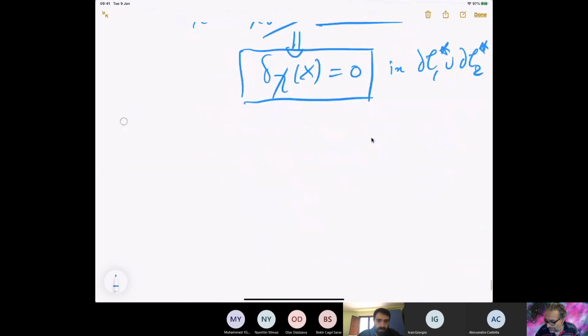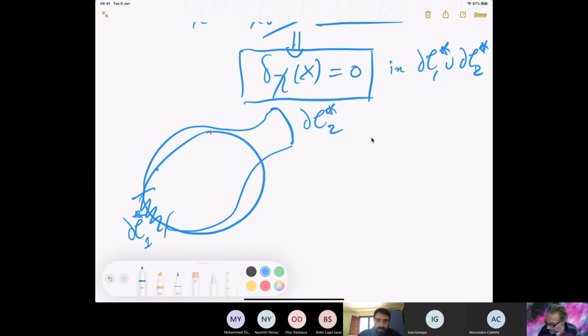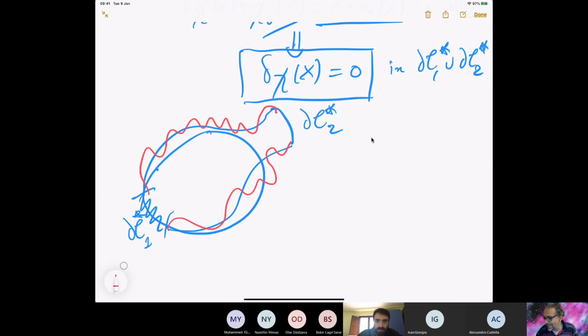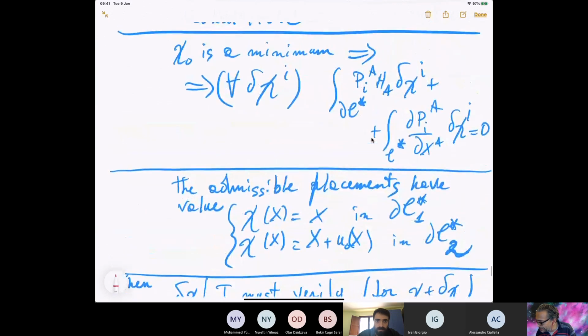And this is what I did when I drew: I said, this is delta C1 star. This is delta C2 star. And I wrote the shape and the variation of the shape. But the varied shape must have the same boundary condition.